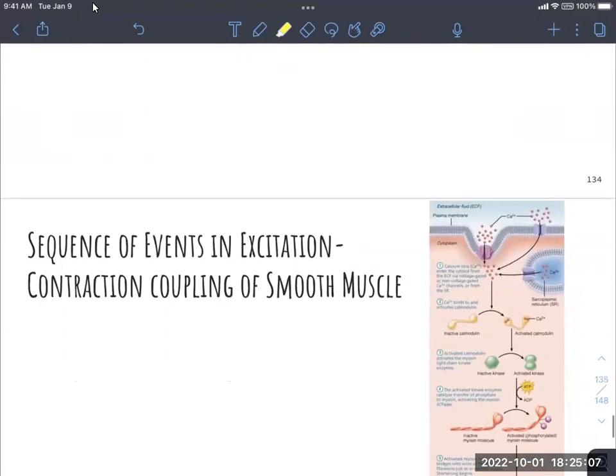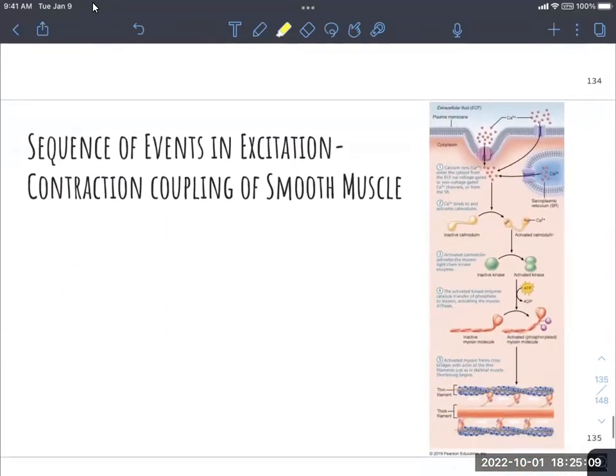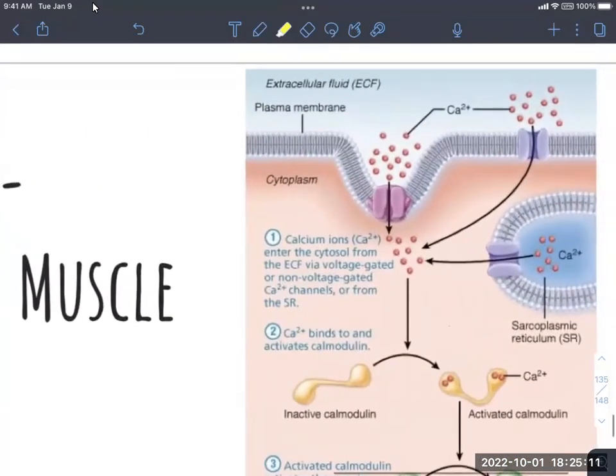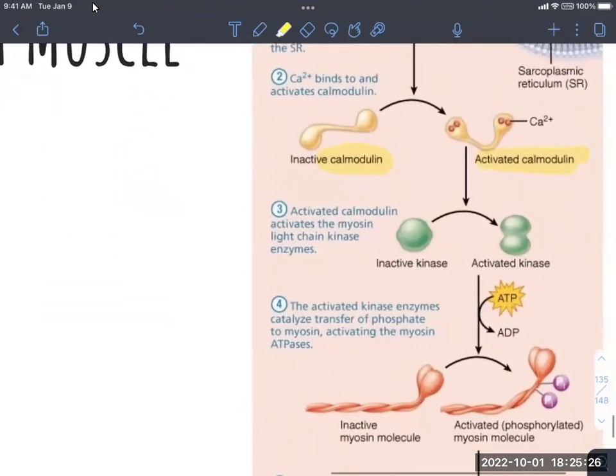So here are all these steps. We see calcium ions come into the cell. Calcium is going to bind to this calmodulin here to get an active calmodulin. This activated calmodulin activates the myosin light chain kinase enzyme.